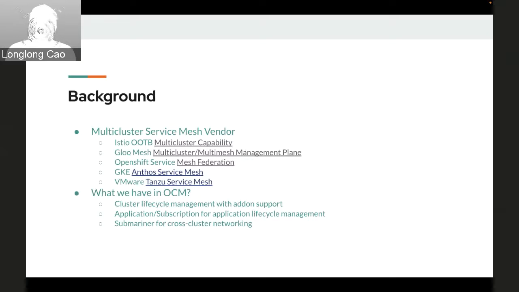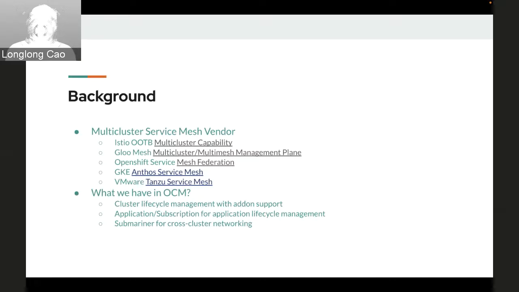The background. So currently, the multi-cluster service mesh in the community Istio supports multi-cluster capability out of the box, but the capability is limited. If you try to set up a multi-cluster service mesh with Istio, you can see that there are many manual steps, and the steps are very error-prone.